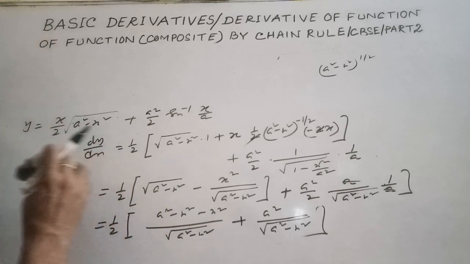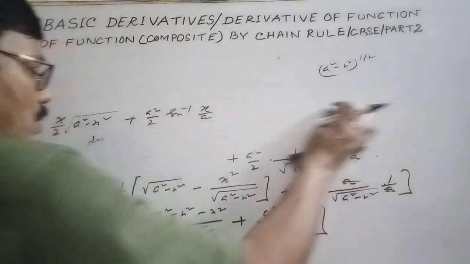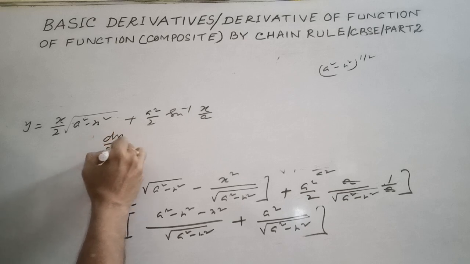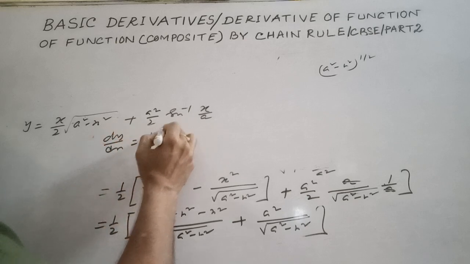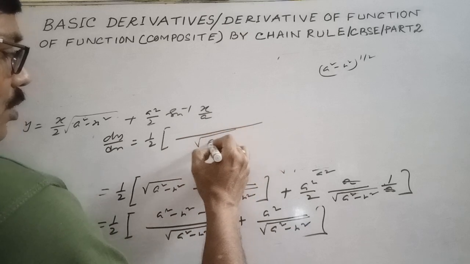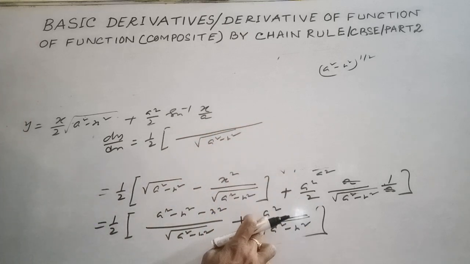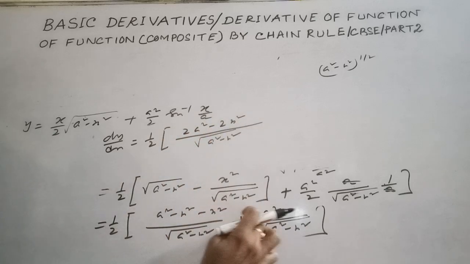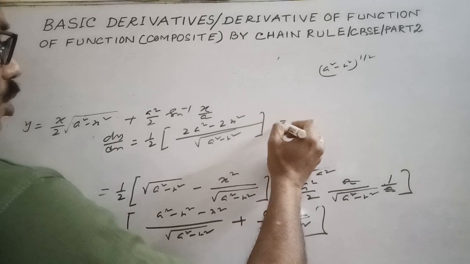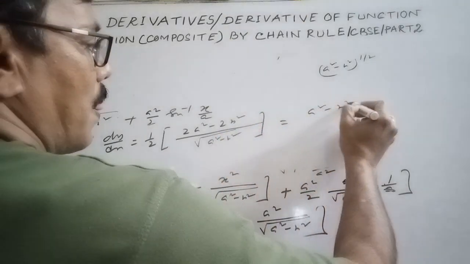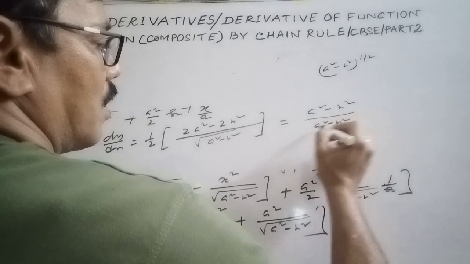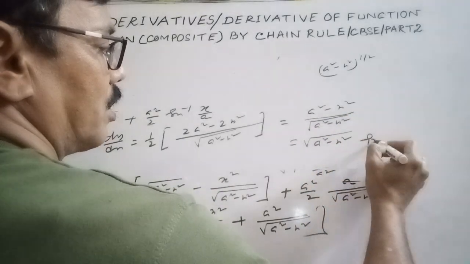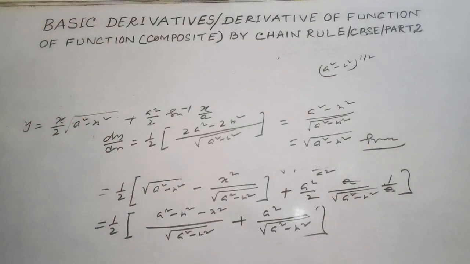Now simplify it. So dy/dx, half unchanged, root over a² minus x², and this is a² plus a², 2a² minus 2x². So the 2 cancels. So finally we are getting root over a² minus x². So this is proved.